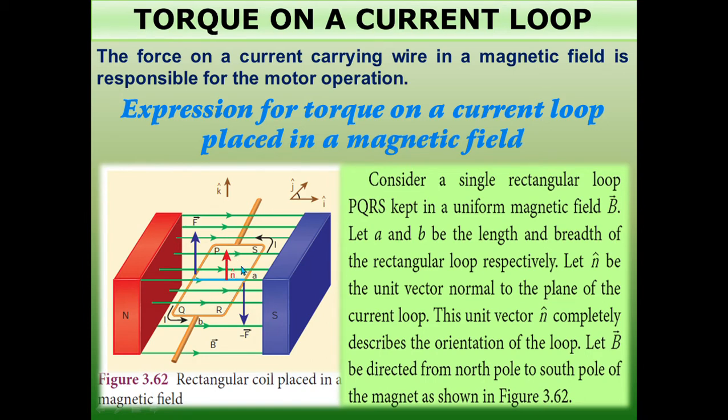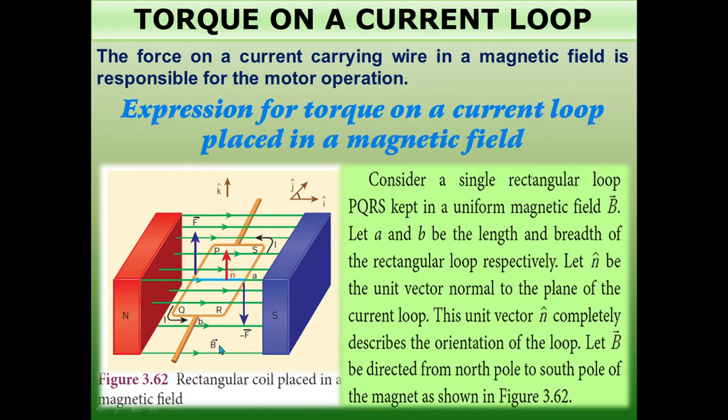What is meant by orientation? Orientation is nothing but the position and direction of the current loop. So the unit vector n cap completely describes the orientation of the loop.